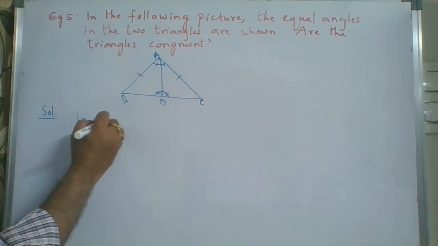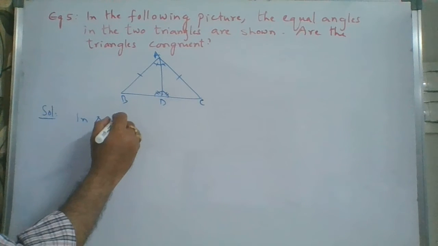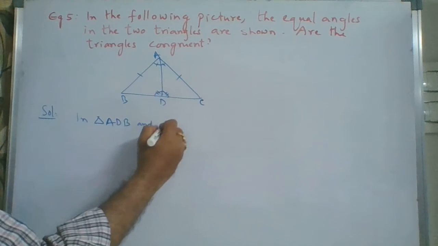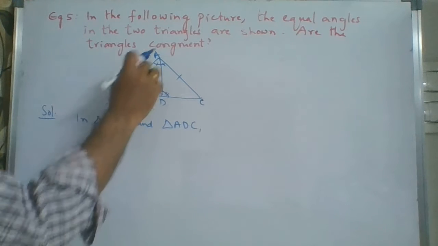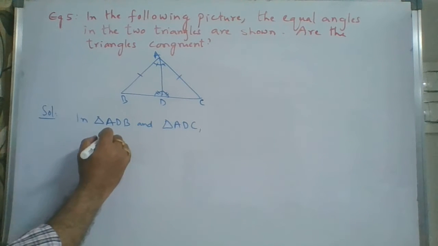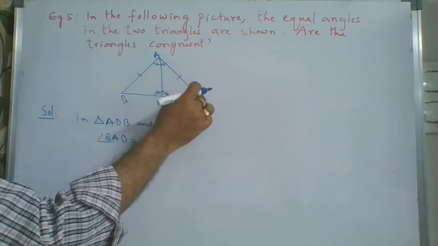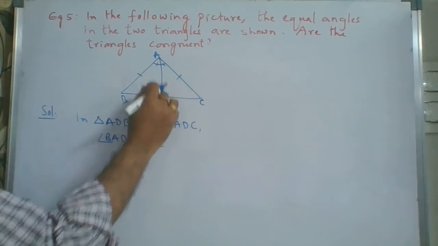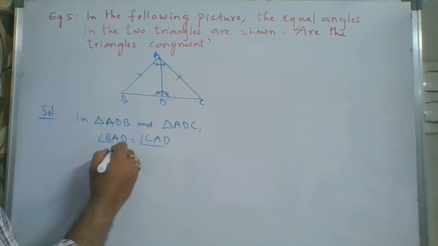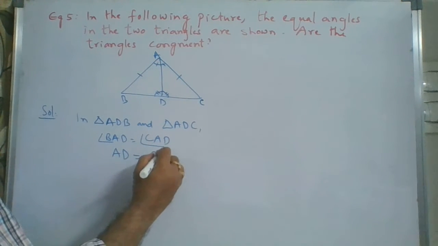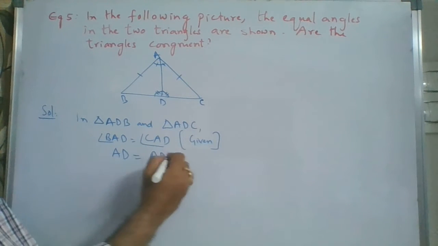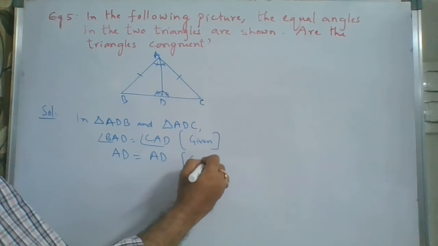See, in triangle ABD and triangle ADC, this is the angle. What is this angle's name? Angle BAD is equal to angle CAD, and the side AD is common to both. So AD is equal to AD, it is the common side.